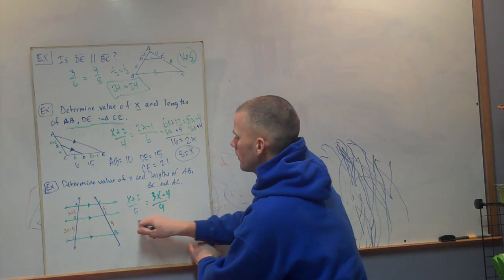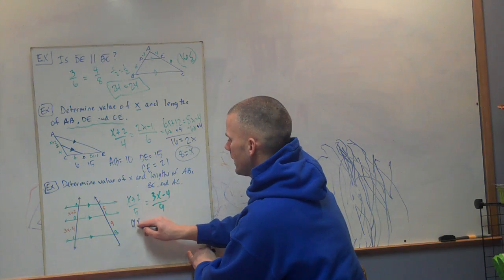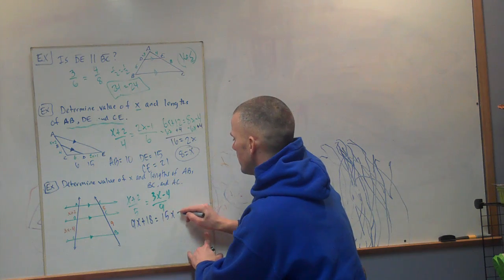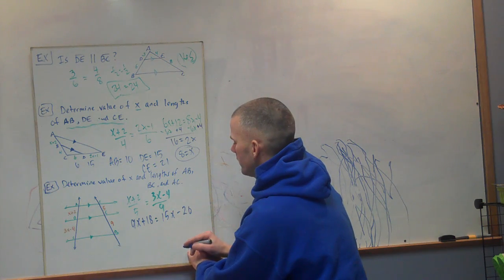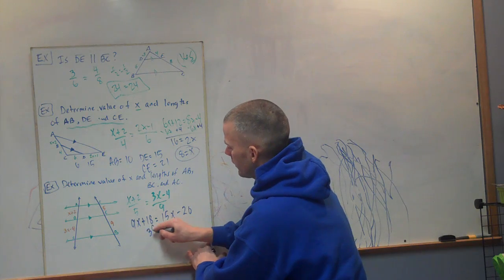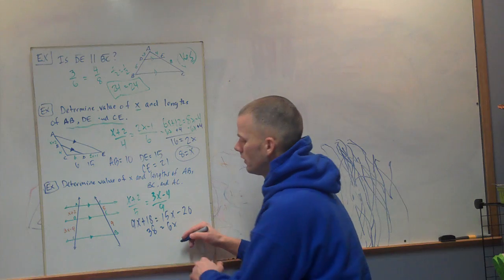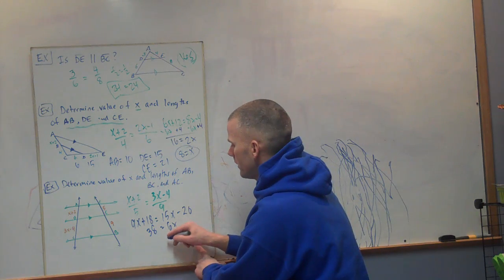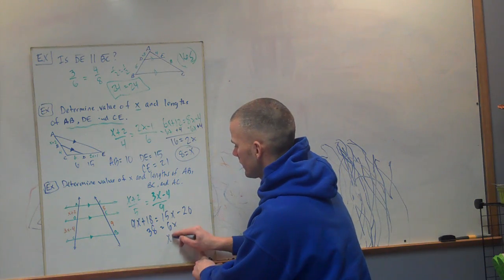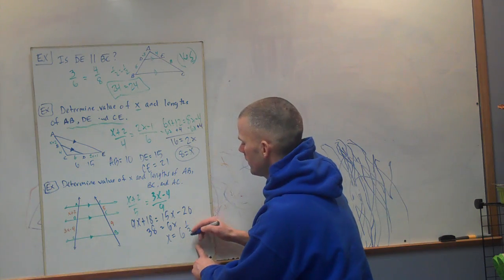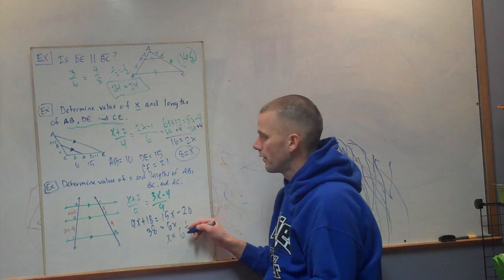When I distribute, I get 9x plus 18 equals 15x minus 20. If I add the 20 over, that's going to be 38. If I subtract the 9x, that's going to be 6x. When I divide, x is going to equal, 6 with 2 left over, so x is going to be 6 1/3.